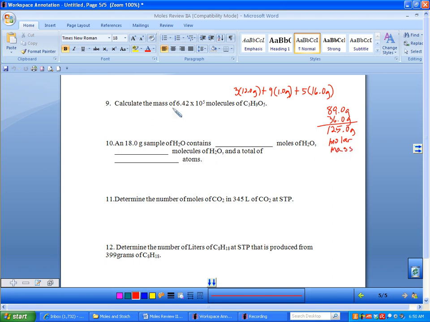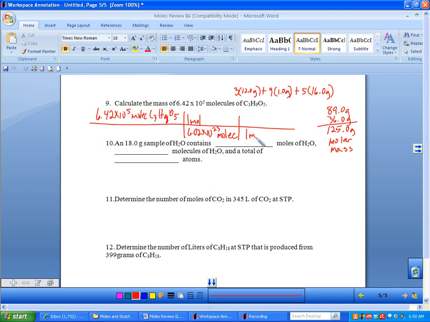Now I need to convert the molecules into mass. So now I'm going to set it up as 6.42 times 10 to the 5th molecules of C3H9O5. Alright, and then I know that 1 mole is 6.02 times 10 to the 23rd molecules.